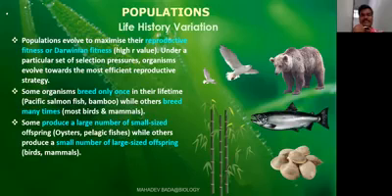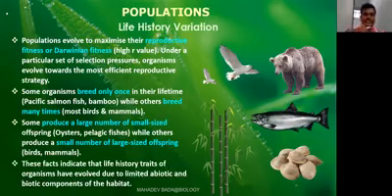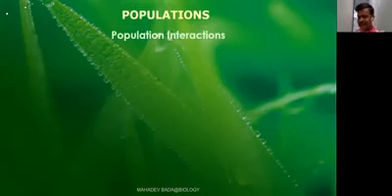Oysters, pelagic fishes produce small-sized offspring in a larger number, while others produce a small number of large-sized offspring. Take the example of birds and mammals. Therefore, there is a variation. This fact indicates that life history traits of organisms have evolved due to limited abiotic and biotic components of the habitat. So, let us see the interaction among the population.